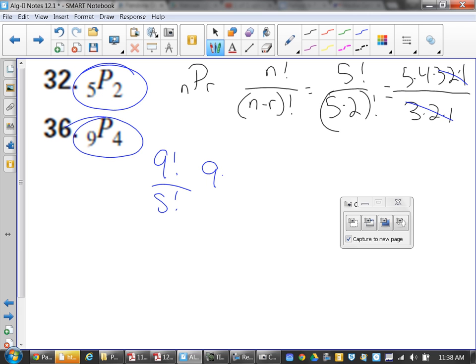So this is really 9, 8, 7, 6, because the 5, 4, 3, 2, 1 is just going to cancel out. It's going to simplify out over 1.